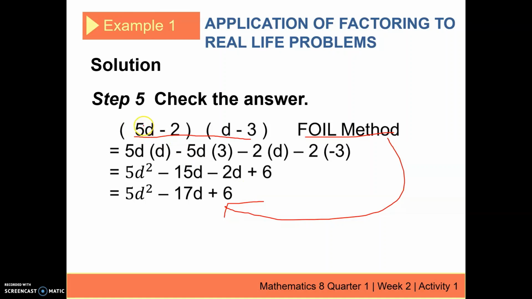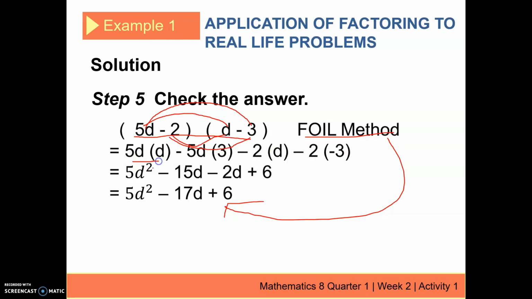Now, using the FOIL method, we'll multiply the first, 5d times d, the outer, 5d times negative 3, the inner, negative 2 times d, and the last, negative 2 times negative 3.